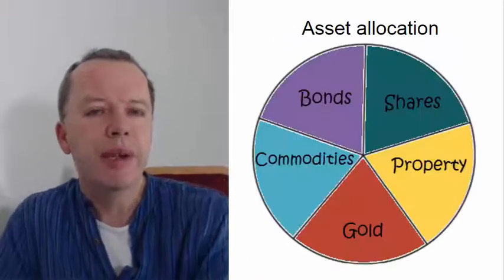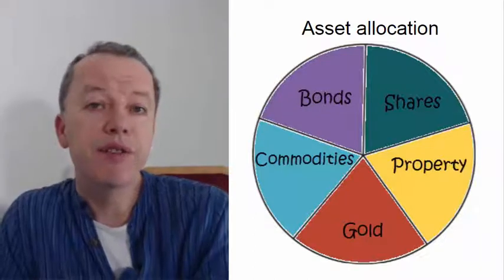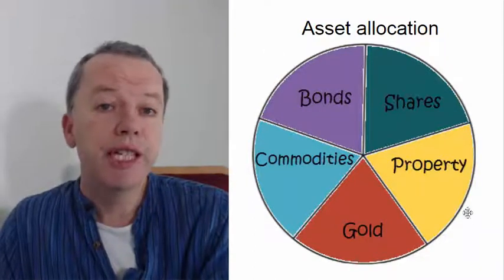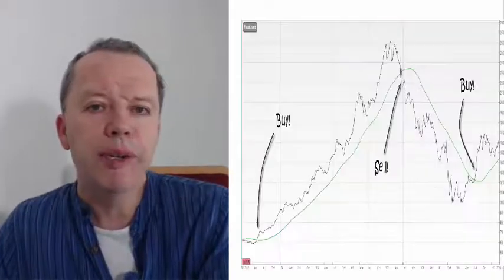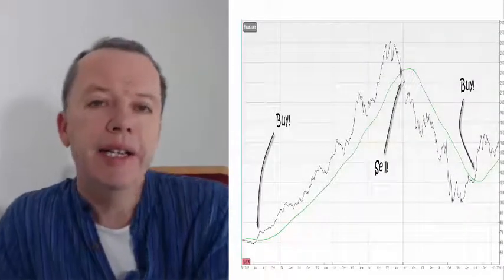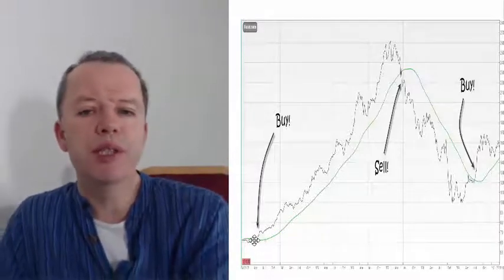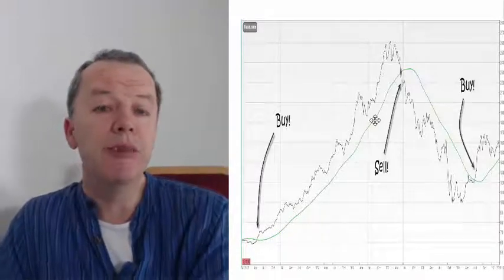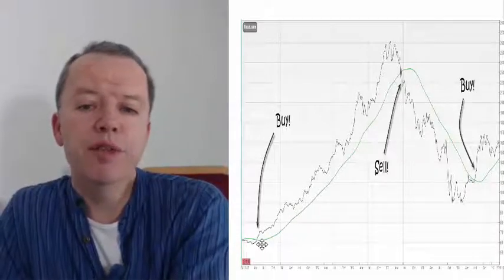So the plan, just very briefly to recap, is that I divide the pot into 5 different slices: shares, property, gold, commodities and bonds. And what I'm interested in is being in those asset classes if they are above the average price over the past year. So I use this green line, which is the moving average for the past 52 weeks, which is a year, of course.